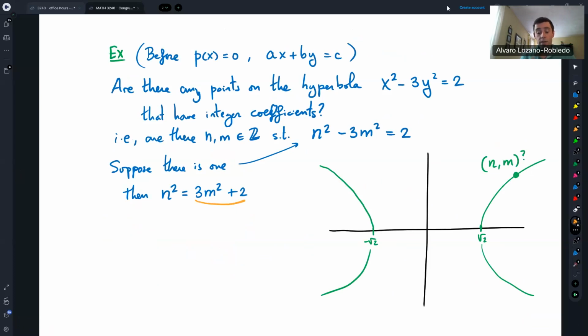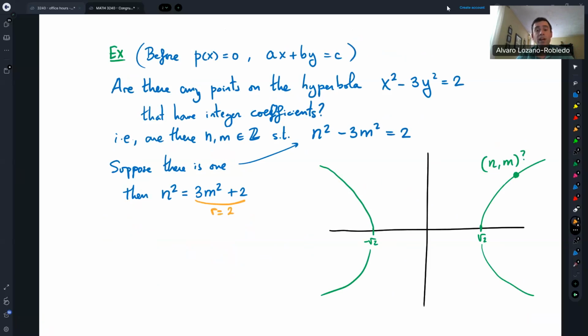So by the division theorem, when I divide n squared by 3, there will be a q and an r between 0 and 2 included, such that n squared is 3q plus 2. But I have it right here. So what this tells me is that the remainder, when I divide n squared by 3, is 2.